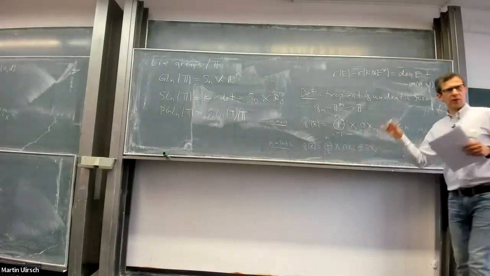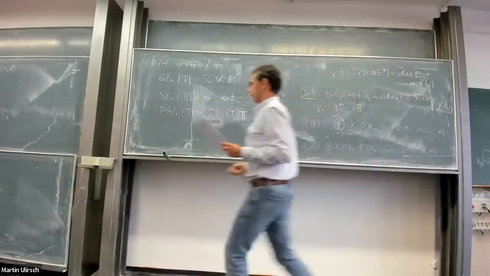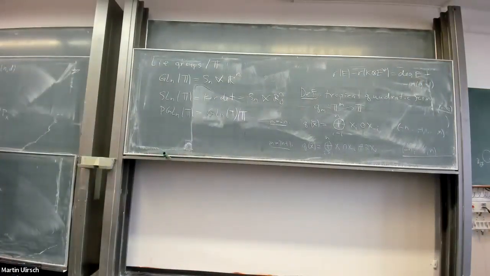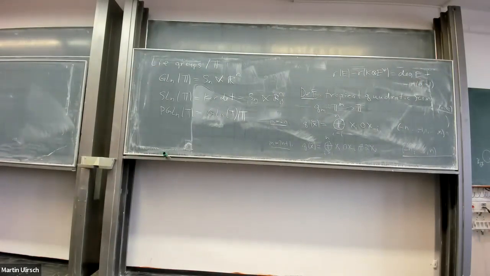So this 2x0 is x0 tropical squared. Okay. And so now I'm just going to go ahead and define the tropical orthogonal group as the group of invertible tropical matrices which preserve this form.